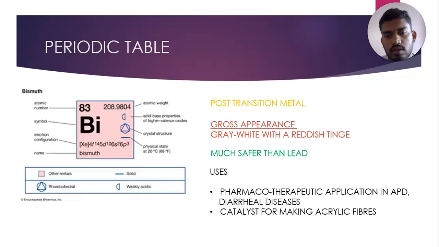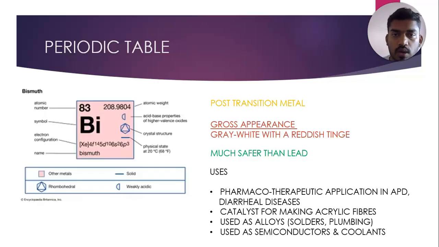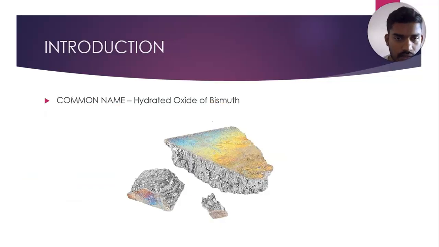It is also used as a catalyst for making acrylic fibers, and used for alloys like solders, plumbing works, and even semiconductors and coolants. So it's not a very cheap thing. Bismuth has a very wide range of applications.